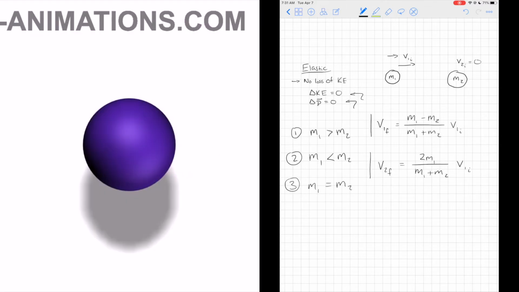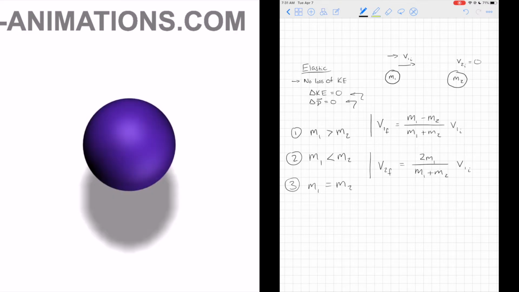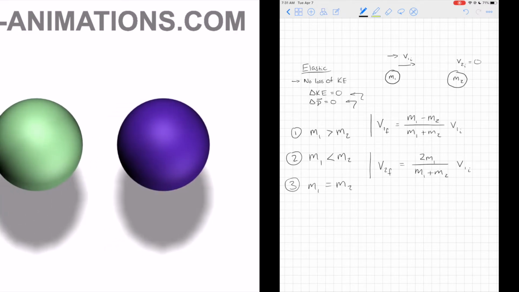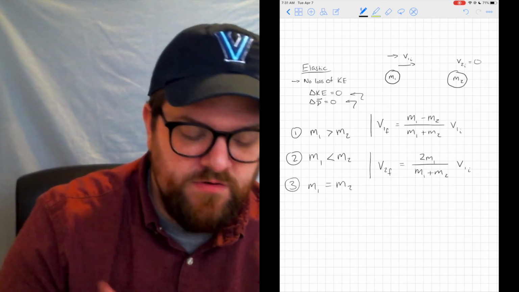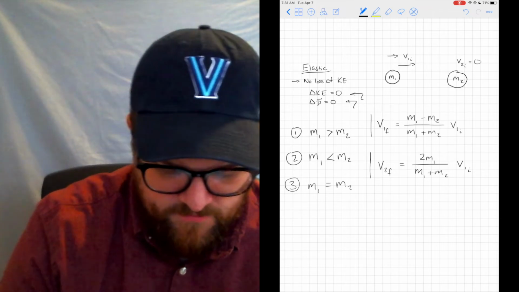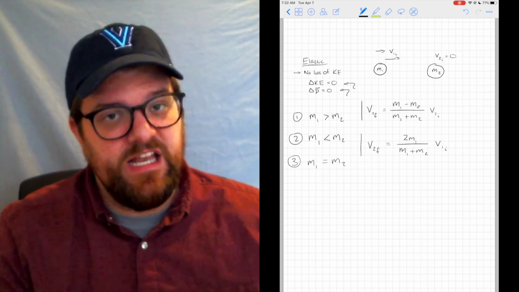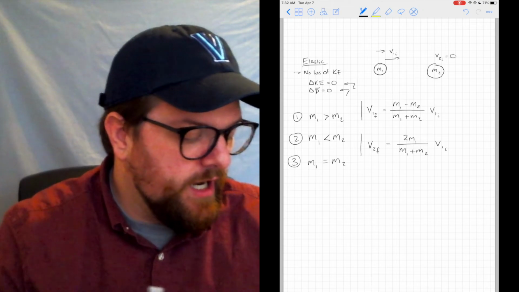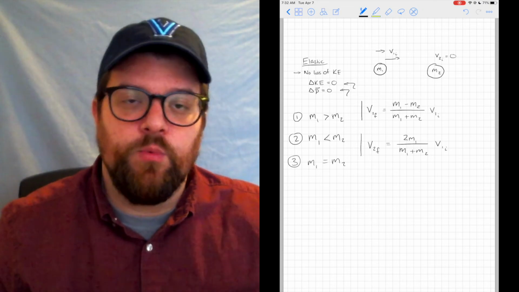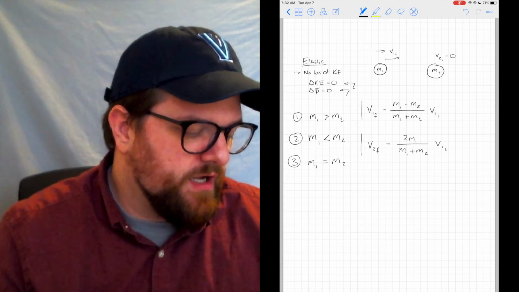It perfectly transfers all of its kinetic energy and momentum to mass 2. So these are the three different scenarios for this very specific situation. This is not a general situation. It's a very specific situation of an elastic collision.